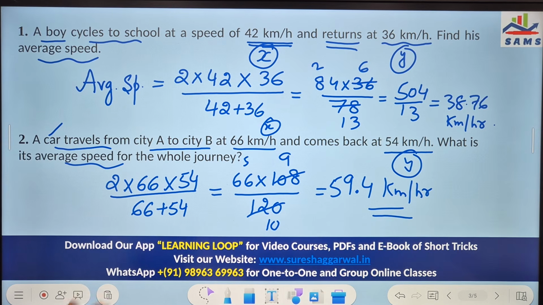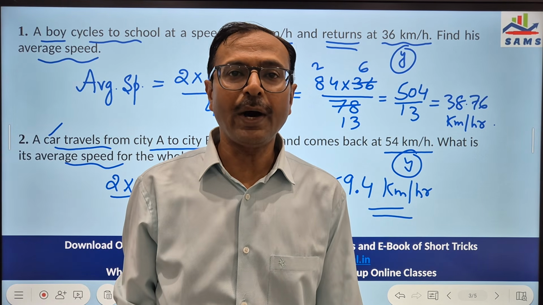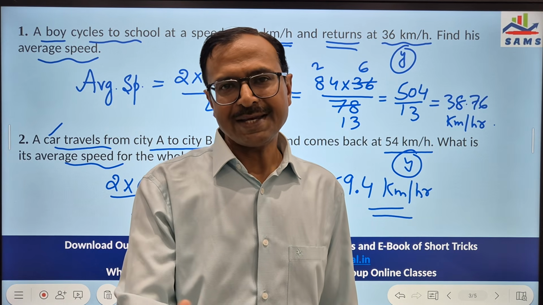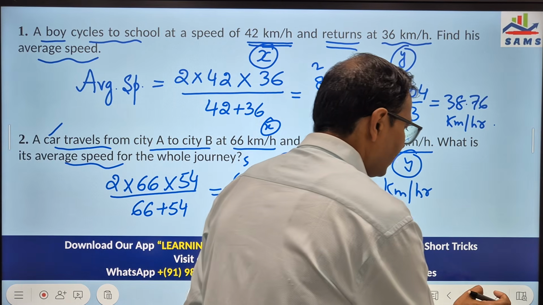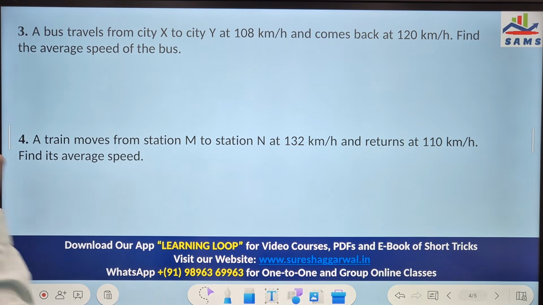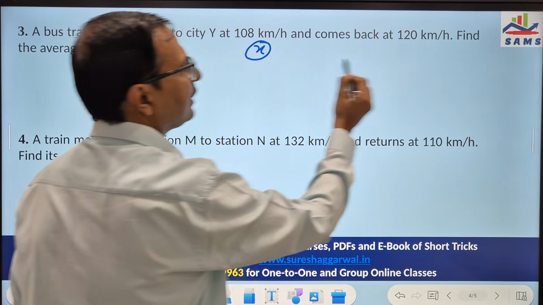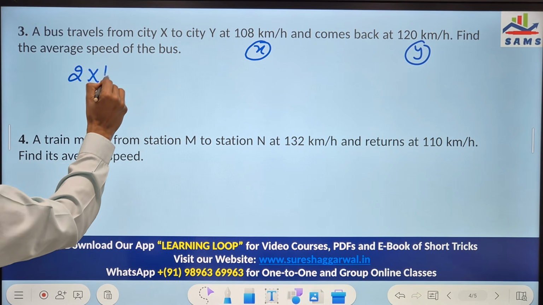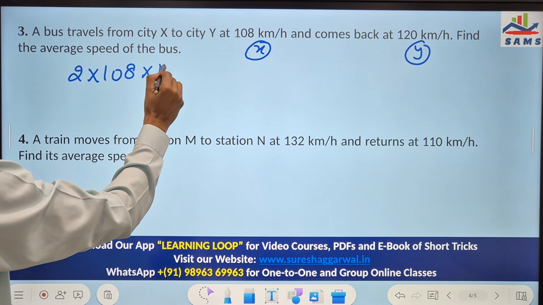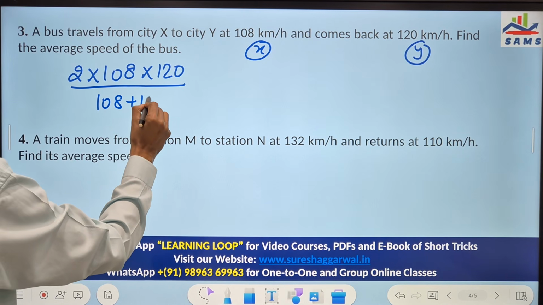See, the calculations are not much, but it all depends on how good you are in handling numbers, which will decide how much time you are going to take to crack the question. Likewise, you have this question. So again the same thing, you can see X here and Y here, and we need to find the average speed. So 2 times 108 times 120, and in the denominator 108 plus 120.